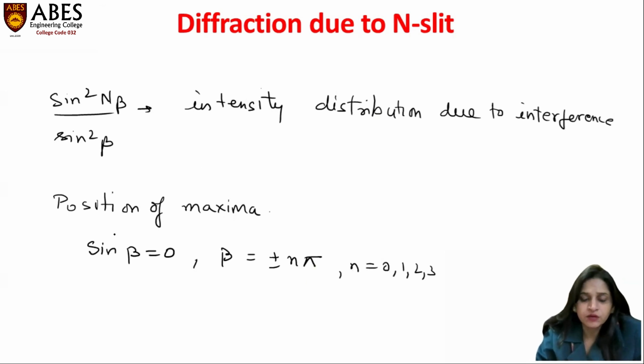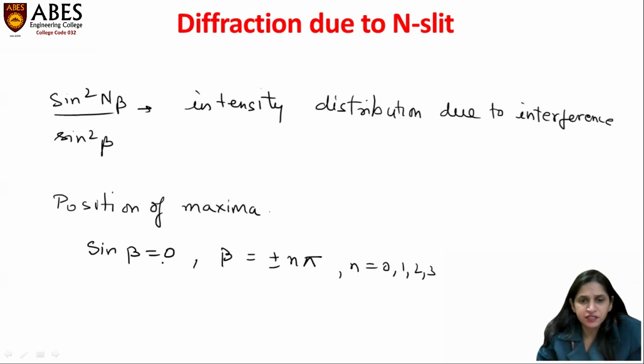Okay. So now let us calculate the intensity equation for principal maxima. We know that the limit of beta will be n pi, and the positions of maxima are forming for n value of 0, 1, 2, 3. So for calculating the intensity, we will be differentiating the numerator and denominator with respect to beta.